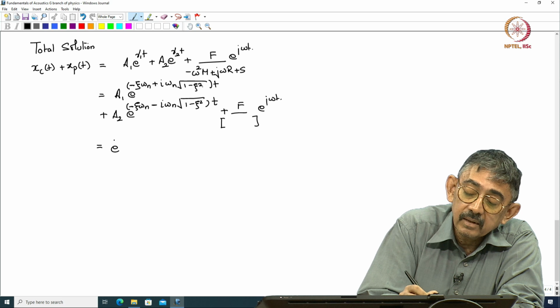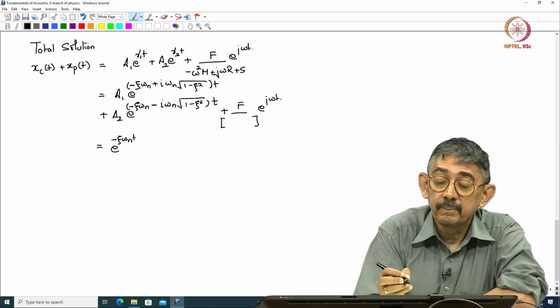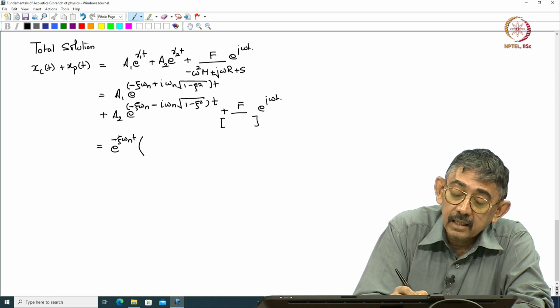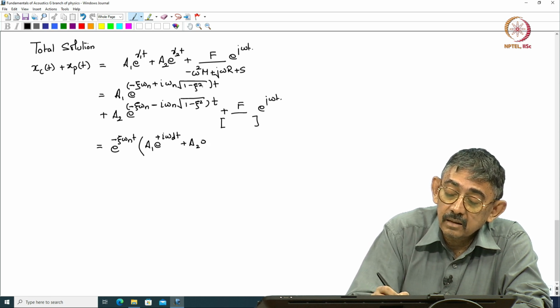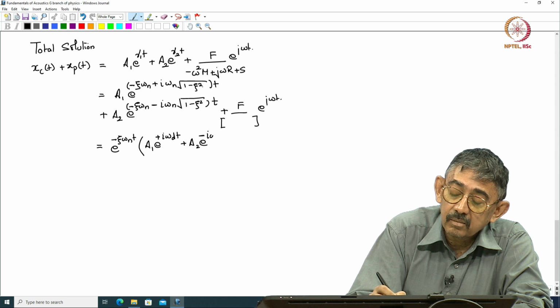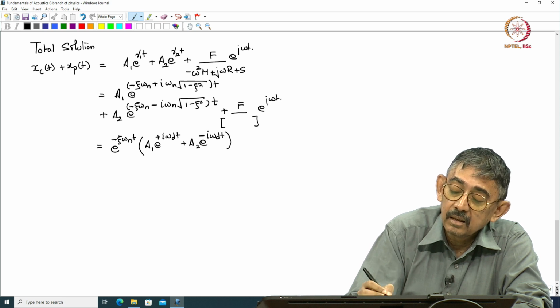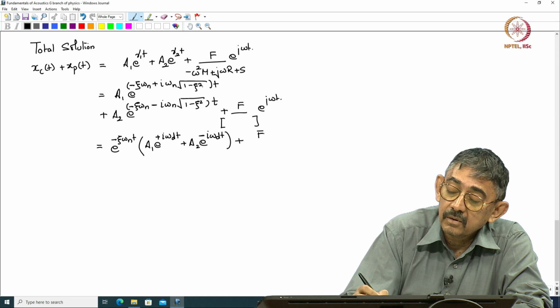I take e to the power of minus xi omega n t as common, and then I have a1 e to the power of j omega d t plus a2 e to the power of minus j omega d t, plus f over s.